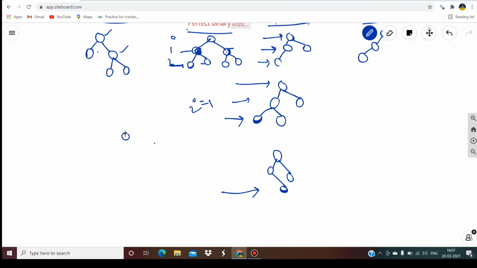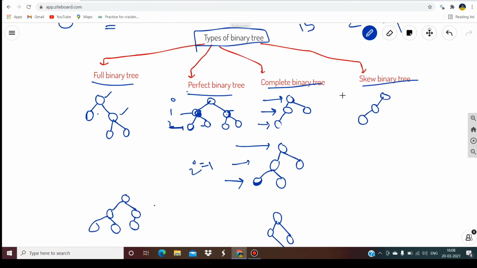So this is known as the complete binary tree. In a complete binary tree, all the levels are filled completely except possibly the last level. If the last level is unfilled, it must start filling from the leftmost side.